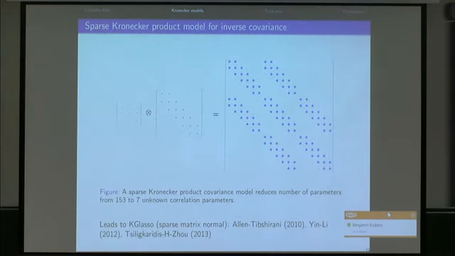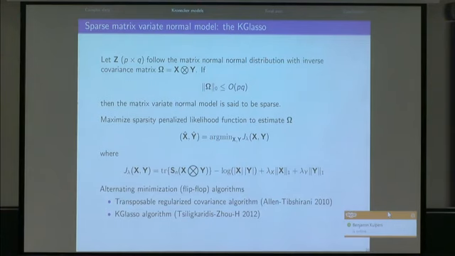If you impose sparsity, you can even get this down further, where we go from, in this particular case, I have a sparse, again, 3 by 3 and 6 by 6 matrix. We go down from 153 parameters to 7 unknown correlation parameters in this case. This then leads to what's called the Kronecker graphical lasso.